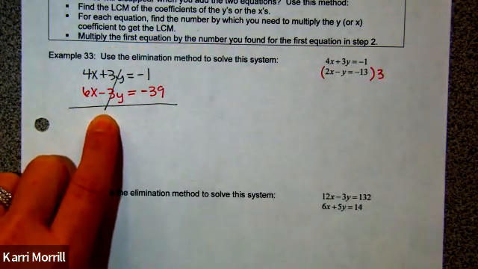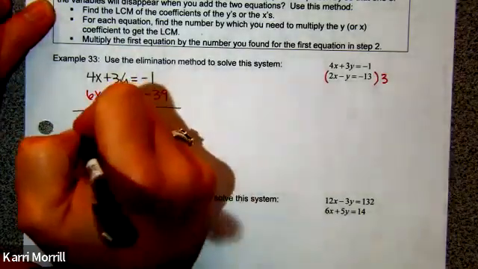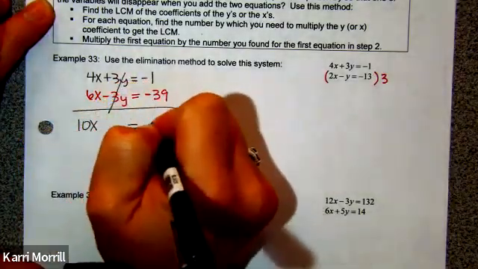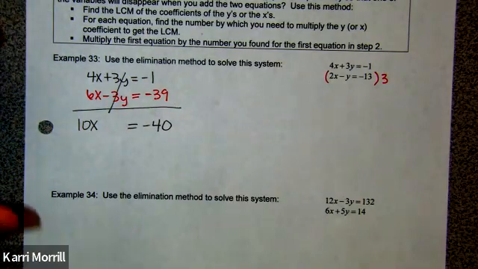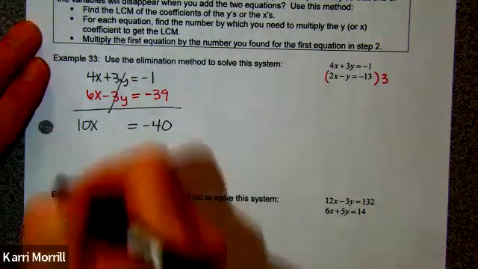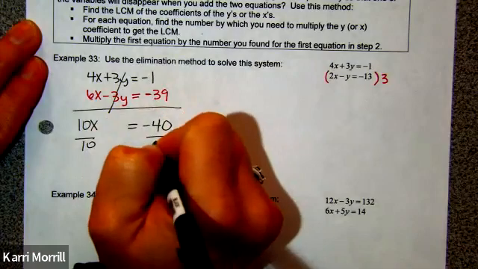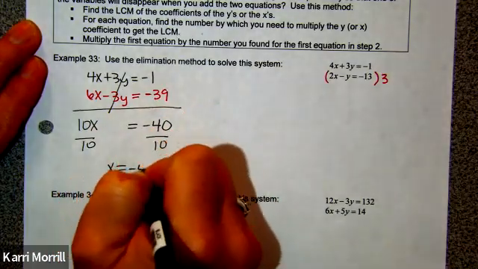Then we get to add our x terms together. So this is 10x equals a negative 40. What do I do to get x by itself? Divide by 10, so x equals a negative 4.